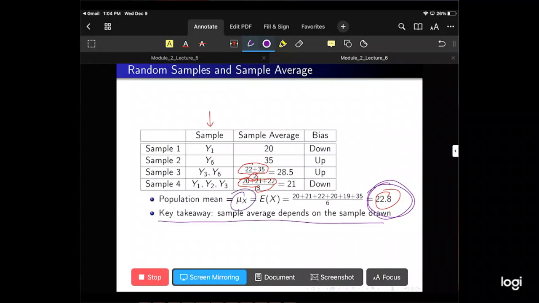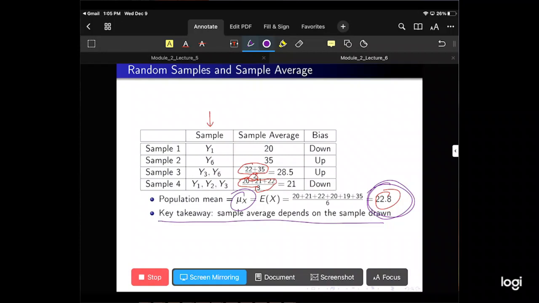But we'll never really know the population mean in reality, and so we have to rely on taking samples. We want to randomly sample from our population. That's the ideal. We'll talk about why that's the ideal later in this course, but that's what we want to do. The point here is that when we draw samples and take the average, we're estimating the population mean with this sample statistic, the sample average.